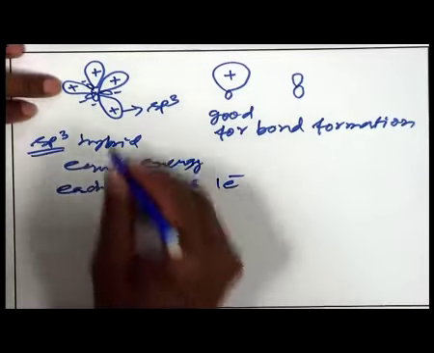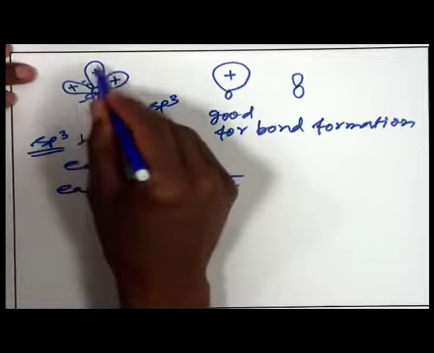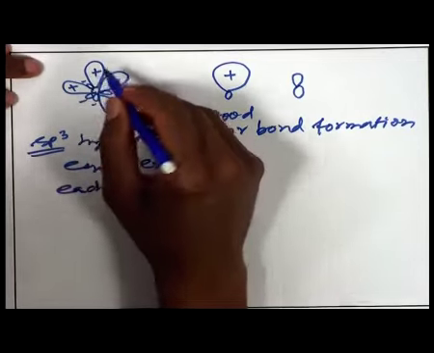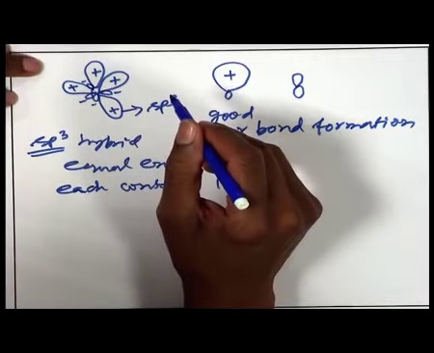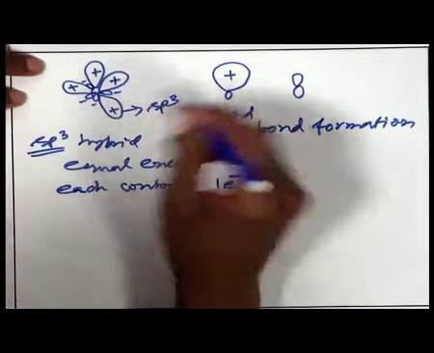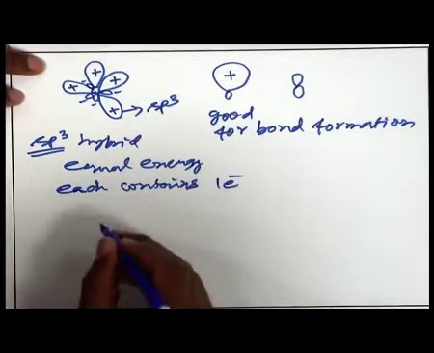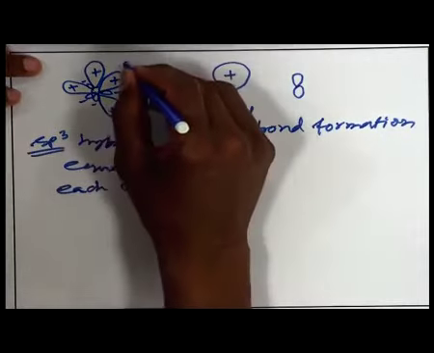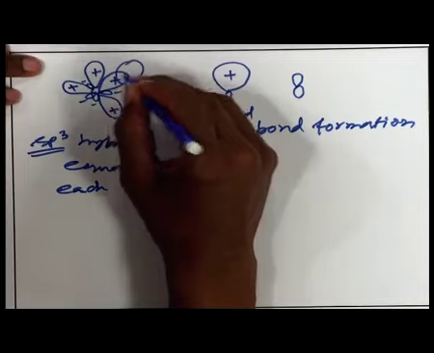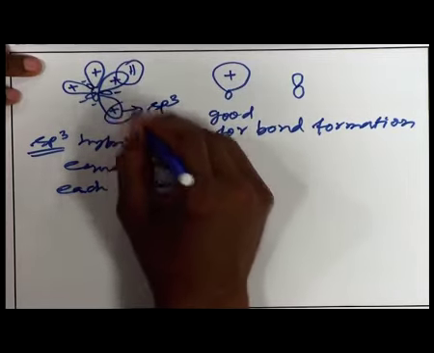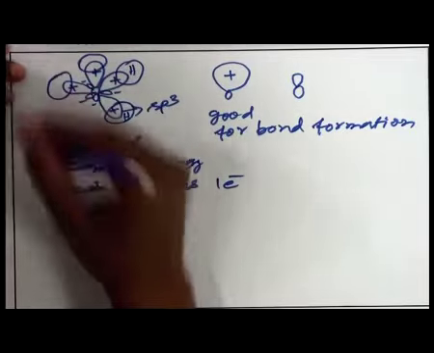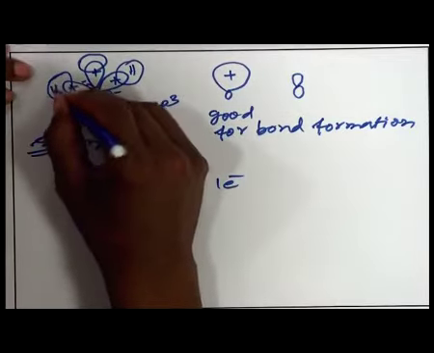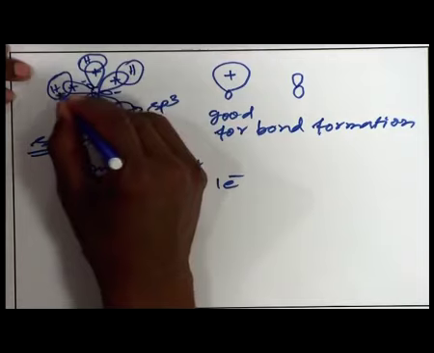In this case, for carbon, the lobes are pointed toward the corners of a tetrahedron. So, when they combine with hydrogen, a tetrahedral molecule is formed. You can draw a hydrogen atom here, another here, and another here.